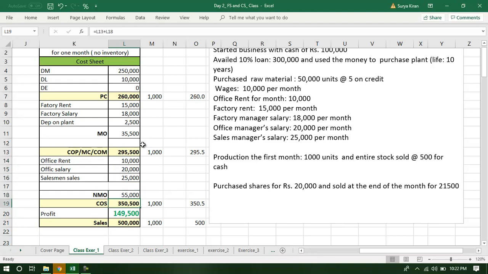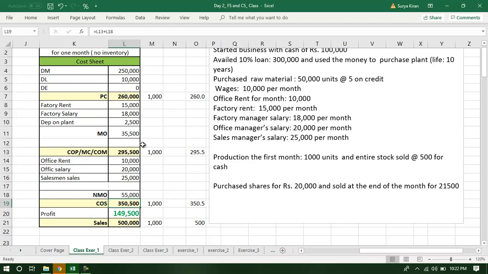So the cost of production plus non-manufacturing overhead is the cost of sales. No inventory of raw material, no inventory of work in progress, no inventory of finished goods. So therefore PC plus MO plus NMO will give us the total cost, which we call the cost of sales.